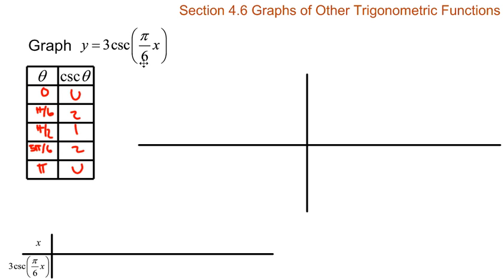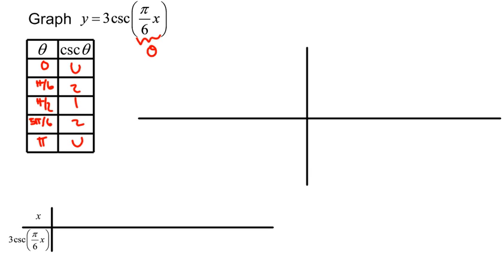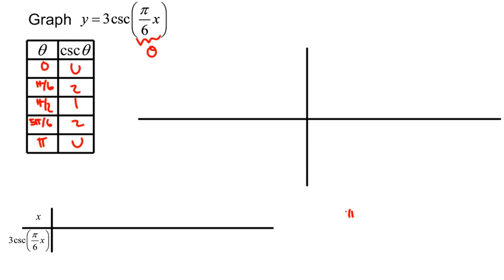Remember how when we're graphing sine and cosine and tangent and cotangent, we set this equal to theta. So I'm going to do that work over here. I'm going to set pi over 6 x equal to theta. If I want to solve for x, I multiply both sides by 6 over pi, so x equals 6 over pi times theta.